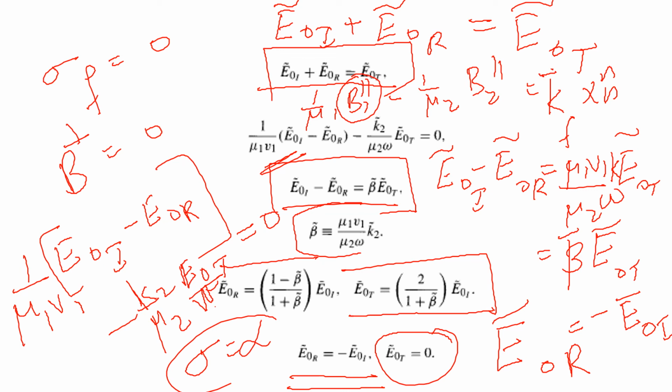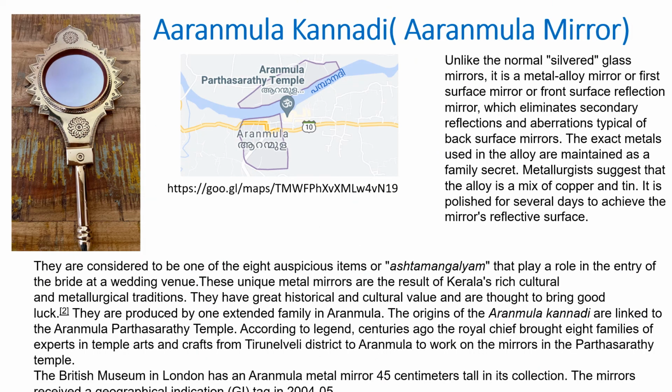And there is such a mirror available, the Aranmula Kannadi, which is manufactured at a place called Aranmula in Kerala state, India. It is one such perfect conducting surface mirror. There is no mirror cover used in this mirror. It is unlike the normal silvered glass mirror. This Aranmula Kannadi is a metal alloy mirror, or first surface mirror, or front surface reflection mirror, which eliminates secondary reflection and aberration.